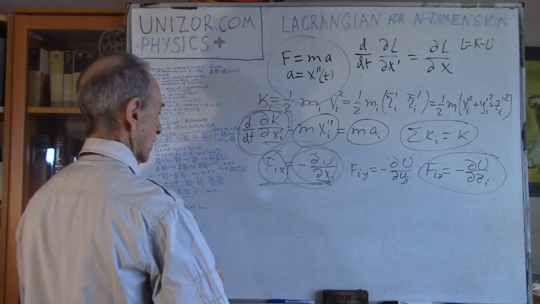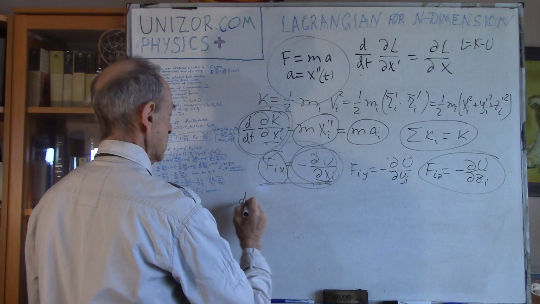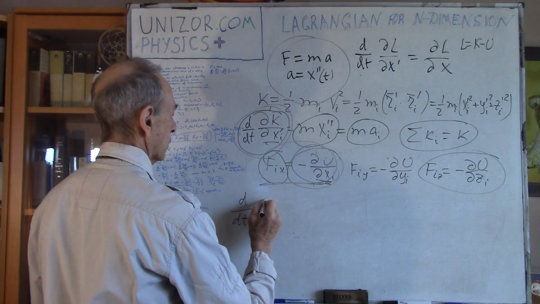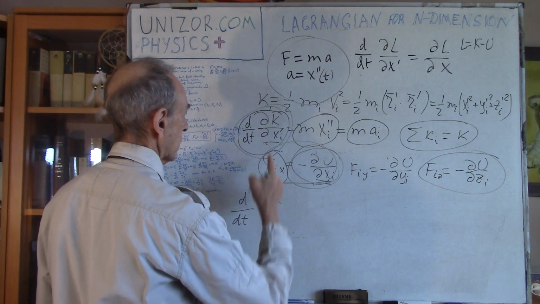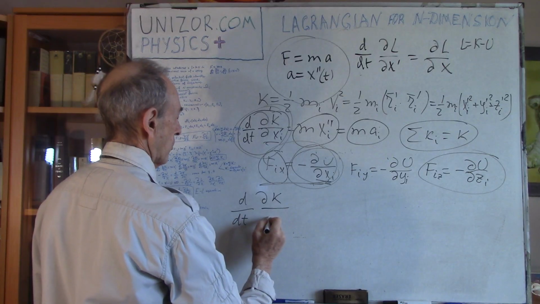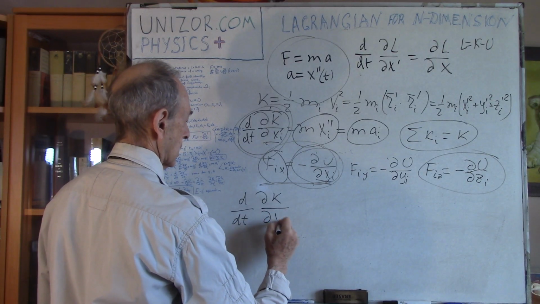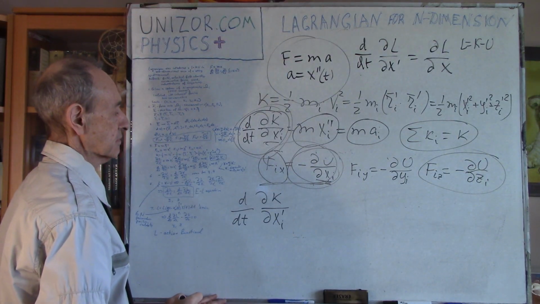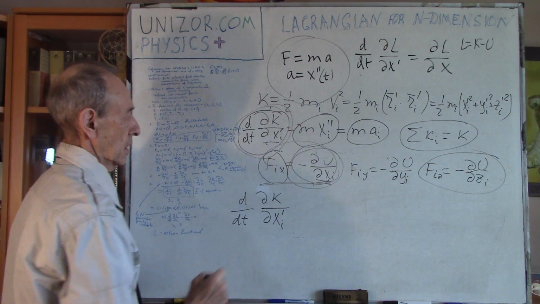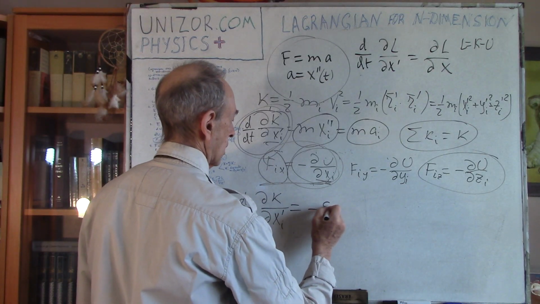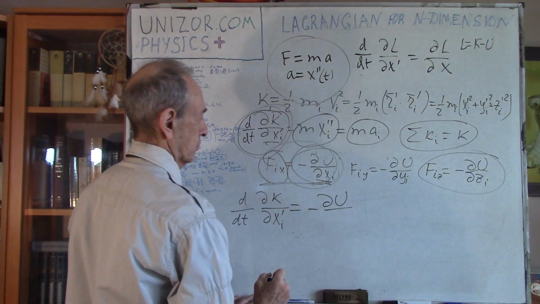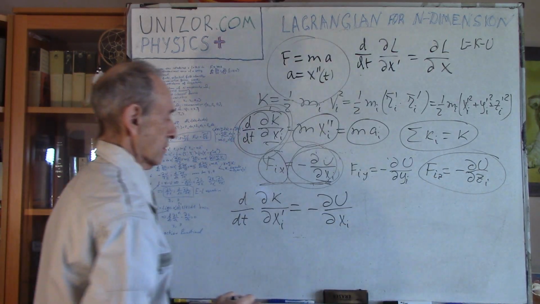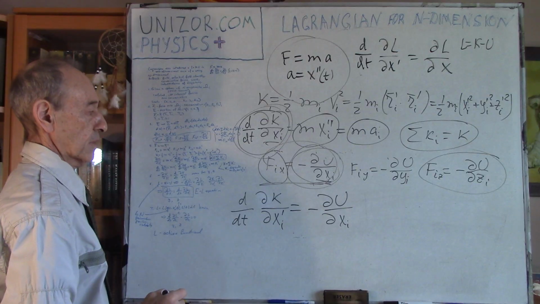We will have an equation: d/dt, differentiation by time, of the partial derivative of the total kinetic energy by the x component of the velocity of the i-th object, is equal to minus the partial derivative of the total potential energy by the x coordinate of the same object. That's what we have.